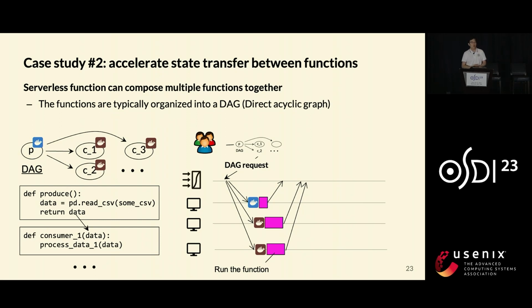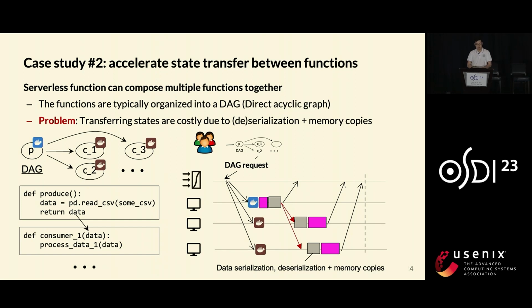Remote fork can also speed up the state transfer between functions in serverless workflows. A serverless workflow composes multiple functions into a more complex application. These functions may have dependencies, with one function producing the state that is consumed by the following function. To execute a serverless workflow, a coordinator will start different functions on multiple nodes, as shown in the figure on the right.